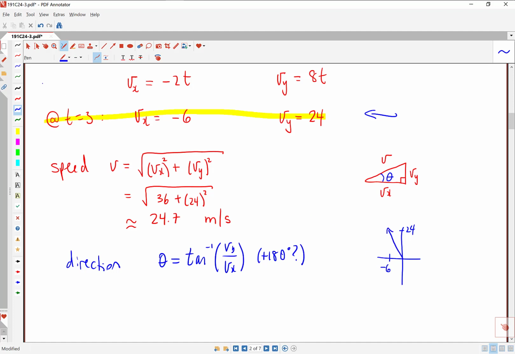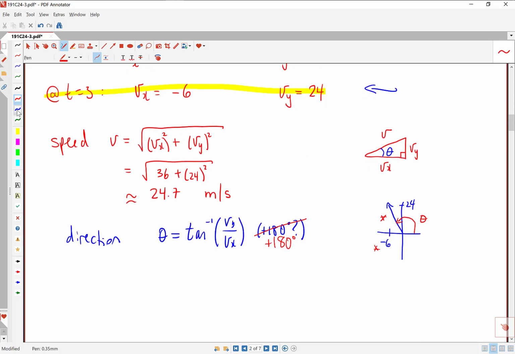And that tells us that when we calculate our angle, we're going to get an angle of roughly maybe 135 degrees or maybe 120 degrees. It's going to be some angle in this second quadrant here, and we know that from drawing a picture. So yes, we do need to add 180 degrees. Anytime your angle is in quadrant 2 or quadrant 3, you need to do this plus 180 degrees thing.